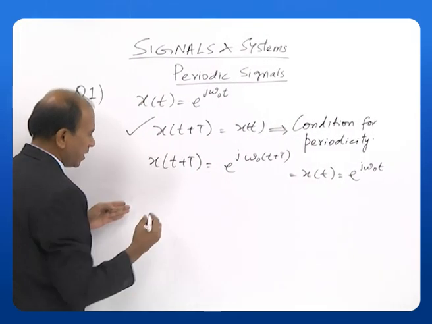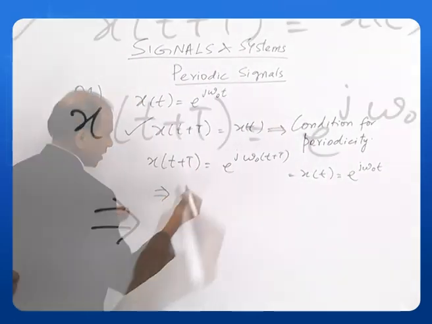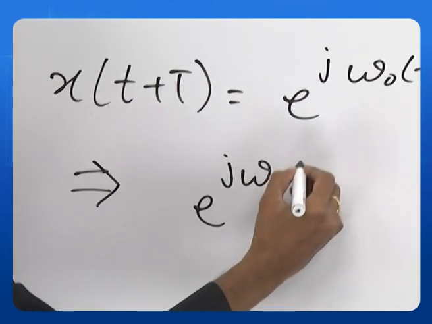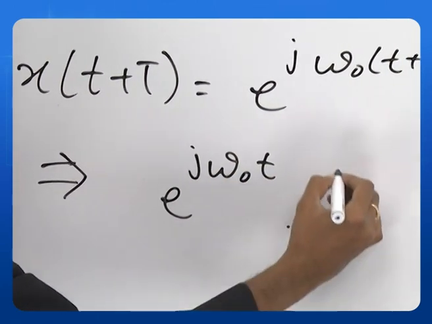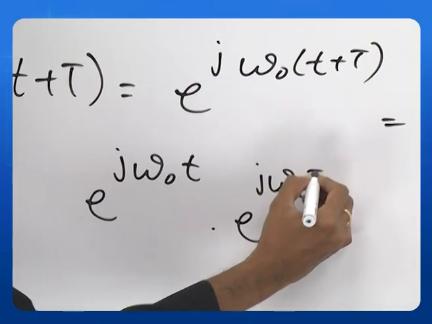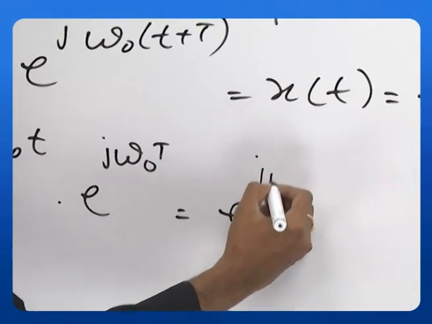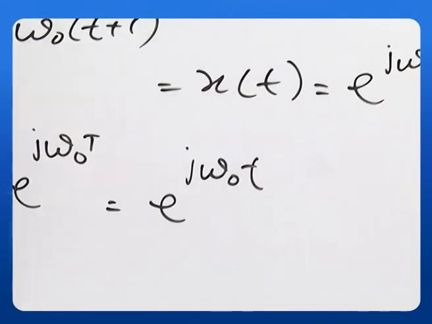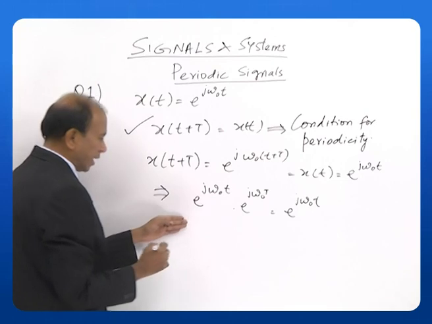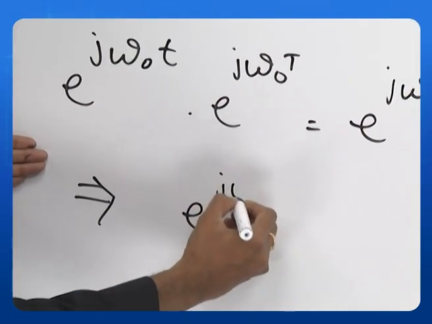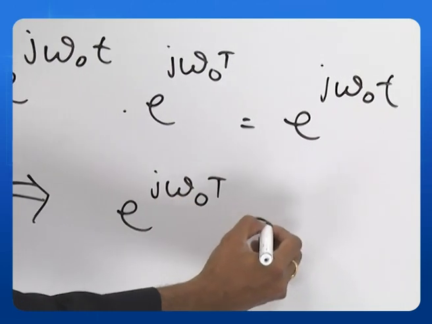Now, let us expand this: e to the power of j omega naught t into e to the power of j omega naught T, the time period capital T, is equal to e to the power of j omega naught t. This means e to the power of j omega naught T is equal to 1.